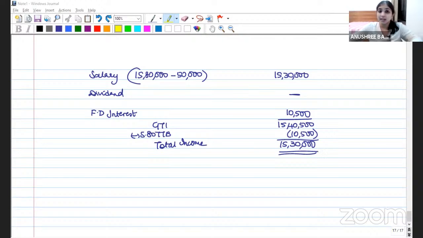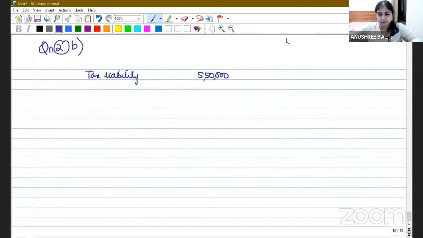All right. So let's do the calculation. Answer to question number 2B. What is the tax liability of the assessee? The tax liability is 5,50,000. From this, we will subtract TCS.